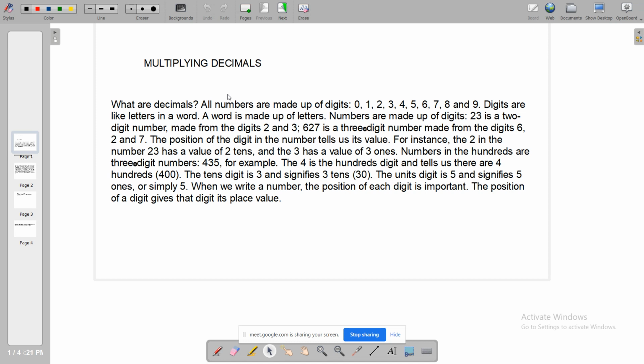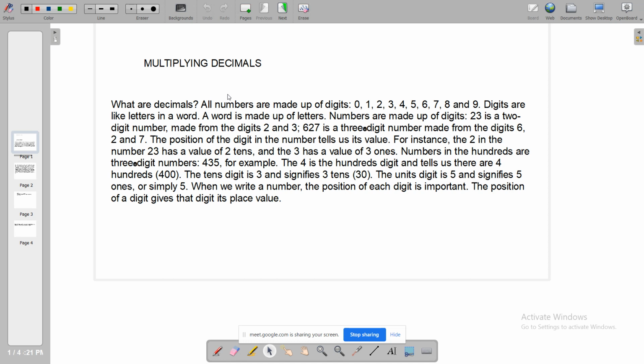Hundreds are 3-digit numbers. 435, for example. The 4 is the hundreds digit and tells us there are 400.